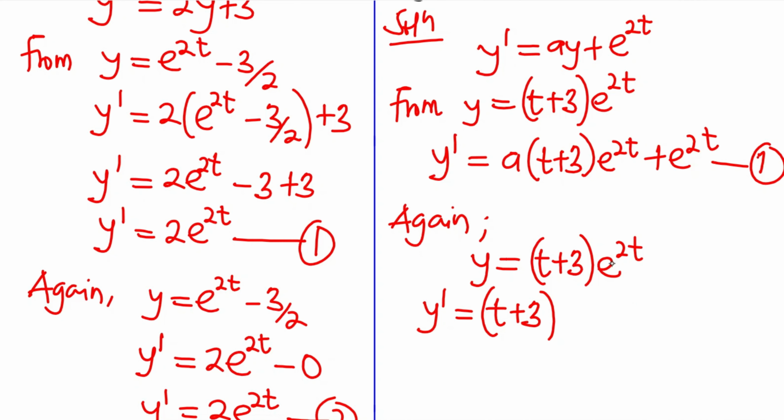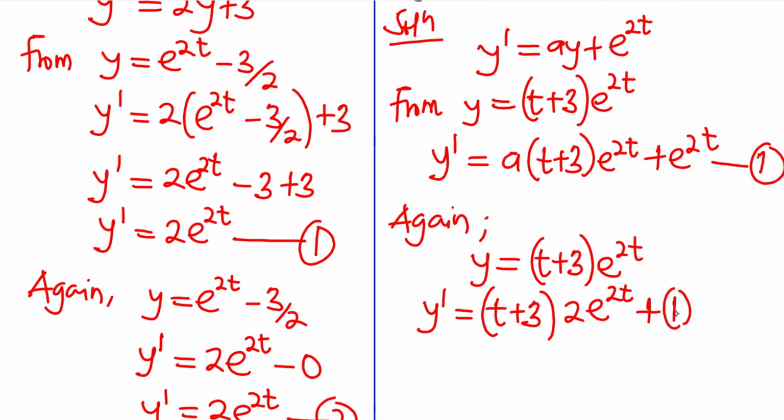Since it's an exponential function, we are differentiating the exponent. So when you differentiate the exponent, it becomes 2. Remember, we are differentiating with respect to t, so we have 2 multiplied by the whole function, that is e^(2t). That is the first part, and then we add to it the derivative of t + 3 with respect to t, which is 1.